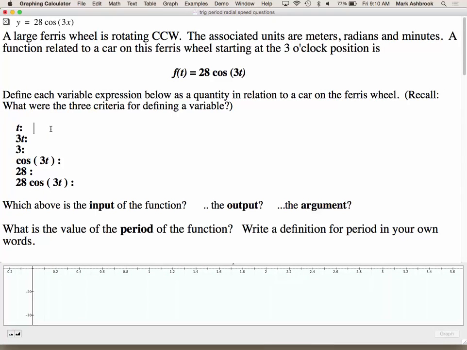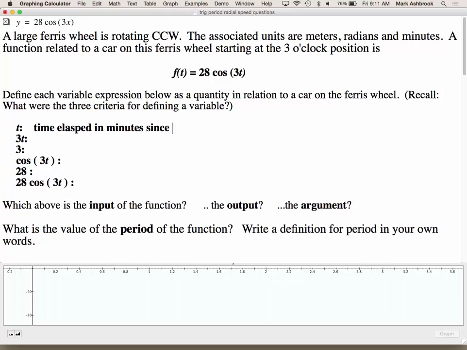Find the quantity t. Where'd you find t? What do you think? Yeah, good. Time elapsed in minutes since being at the 3 o'clock position.